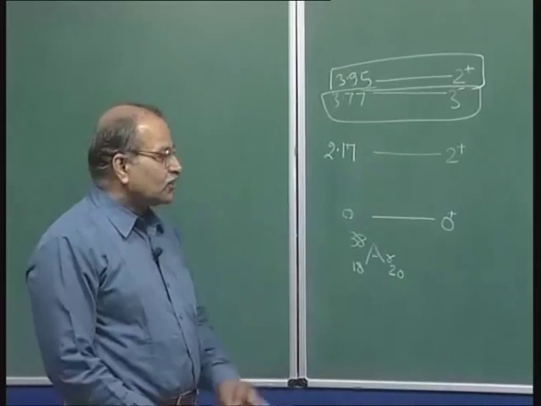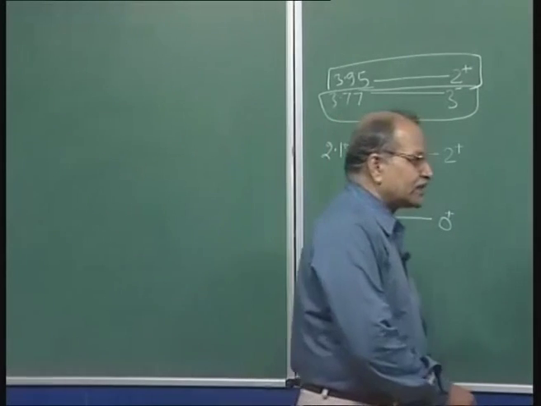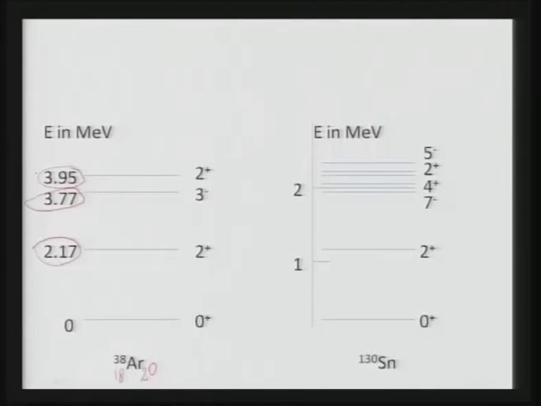All right. Now, take another example. Look at the screen. On the same slide, you have tin 130. For tin, Z is 50 and therefore N is 80. And look at this, you have a 0 plus ground state as expected, because this is an even nucleus, Z is even, N is even.